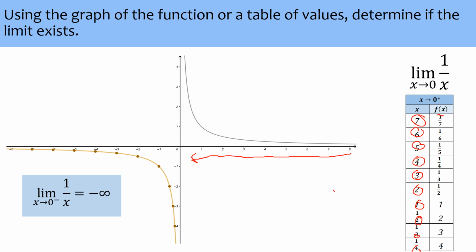They become bigger and bigger because 1 over 7 is less than 1 over 6, 1 over 6 is less than 1 over 5, and so on and so forth. As you can see, the values of the function f of x become bigger and bigger, which is actually seen here in the function. As we move the values of x to 0, what happens to the function? It goes up, it goes in that direction.